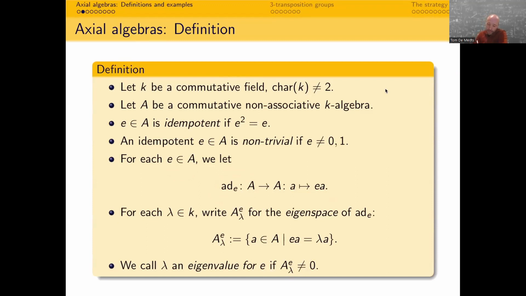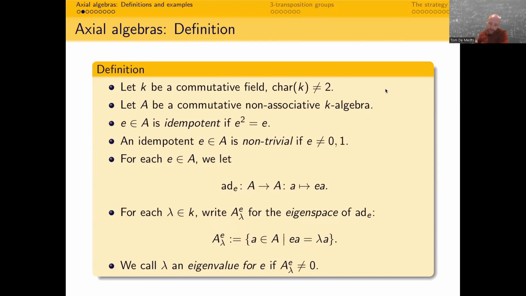The corresponding eigenspace is going to be really important, and that's what we denote by A_lambda(E). Remember that E is the idempotent that we chose, and lambda is the eigenvalue. It means that we take the elements with the property that if you multiply them by E, then you get lambda times the original element. That's what we care about.